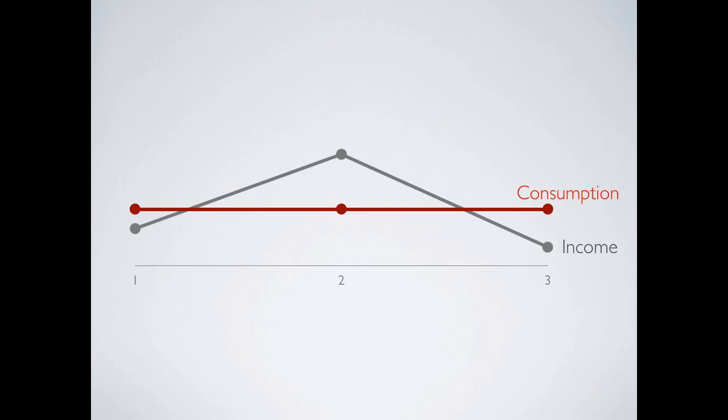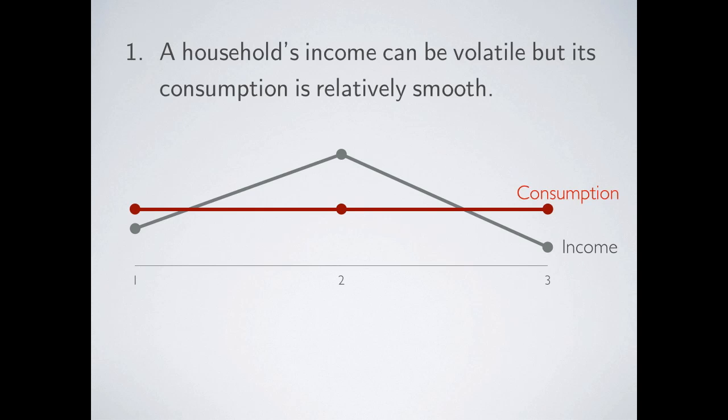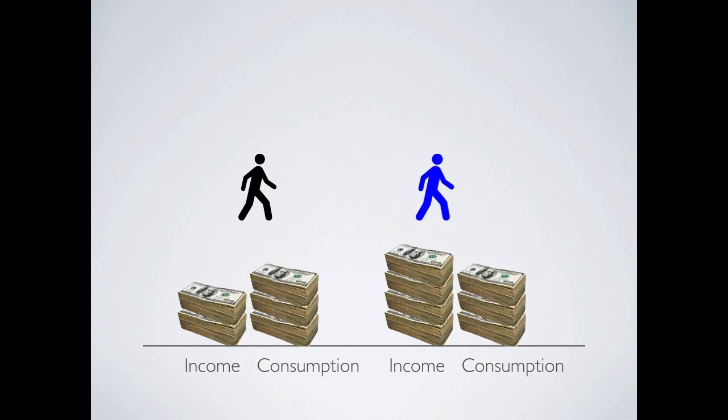So what we have so far is that sometimes we can observe a household whose income pattern goes up and down, but consumption is very flat. So observation 1 is that a household's income can be very volatile, but its consumption level is relatively smooth. The second observation is that sometimes we observe 2 different households. They seem to have 2 different income levels today, but they could have the same consumption level today.